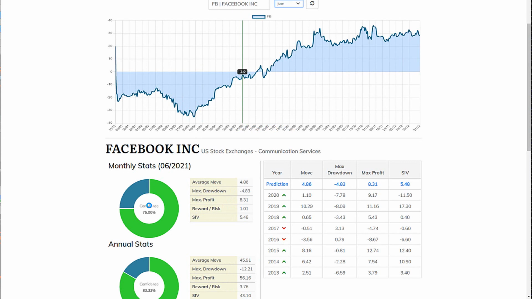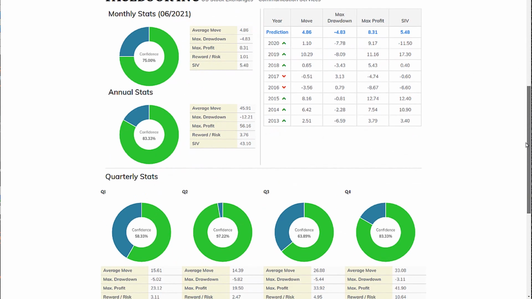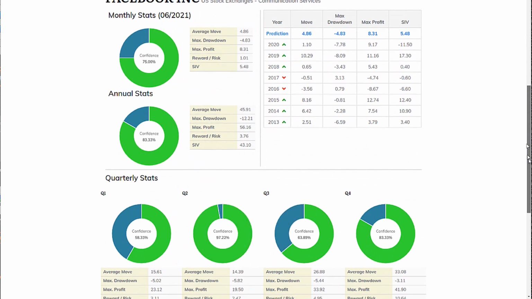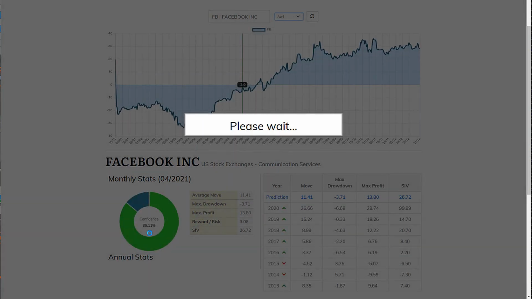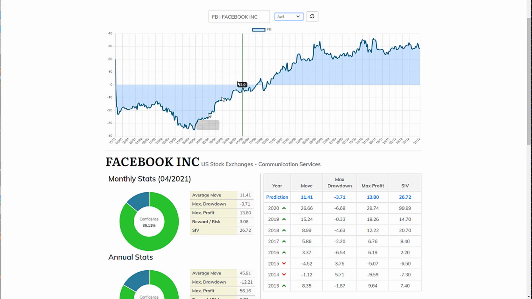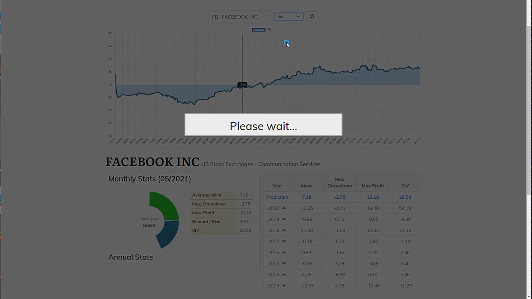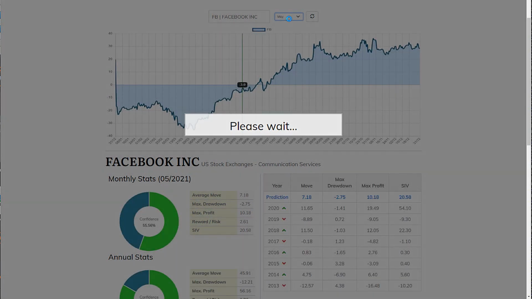So if you look at this here, you know annually this does really well. You know the majority of the move happens in Q2. Now you've narrowed it down where typically the move starts in April, which is right here, 86%. Then you know it kind of does a little profit taking in May, which is 55%.